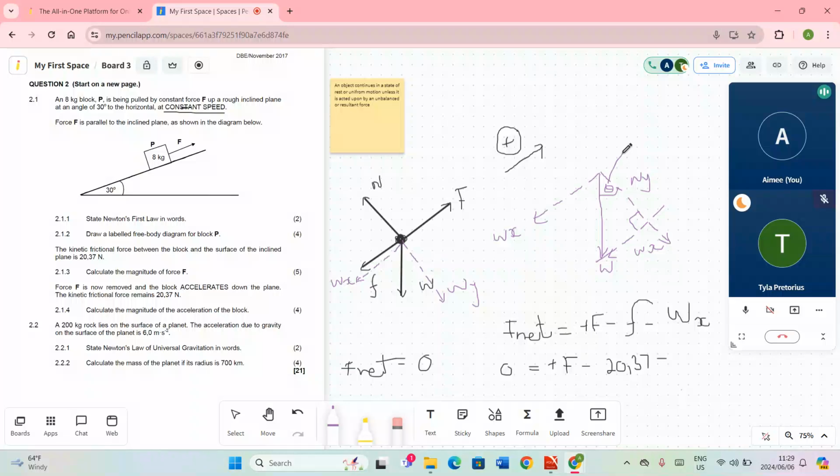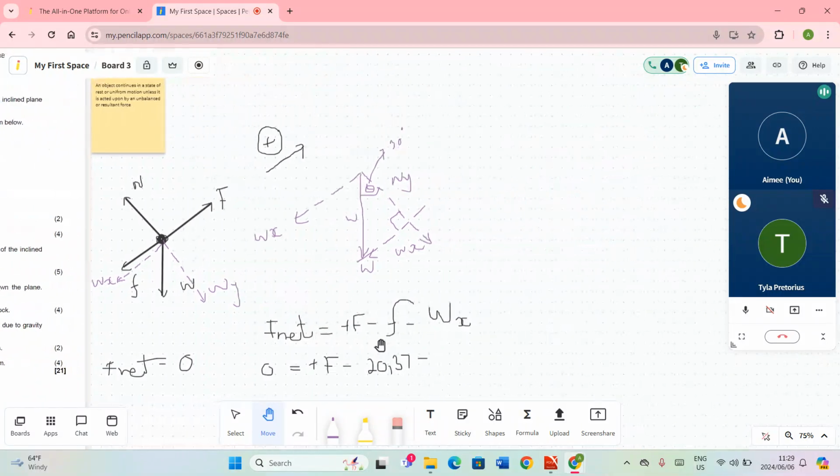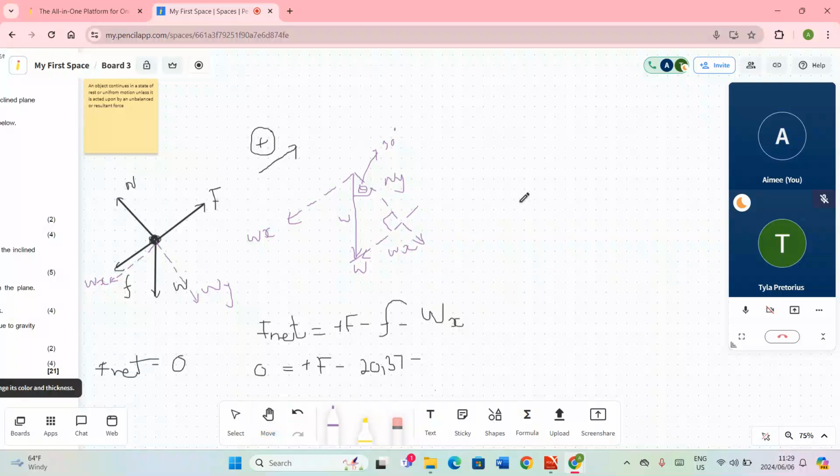So this means that this theta is equal to 30. Okay? So we're looking for Wx, which is opposite. This is W, which is hypotenuse. So that means that sine theta is equal to opposite over hypotenuse. Okay?